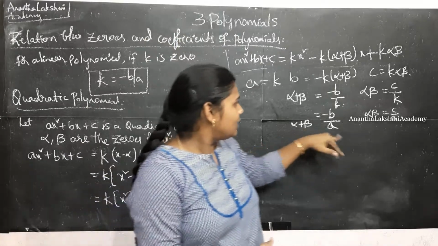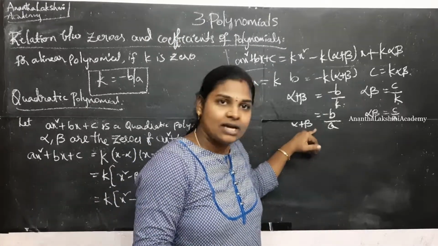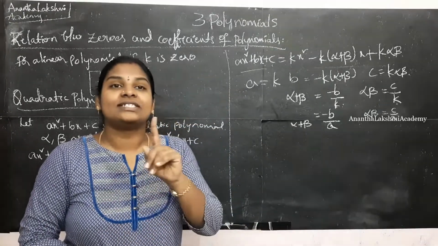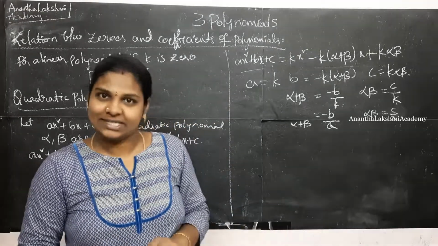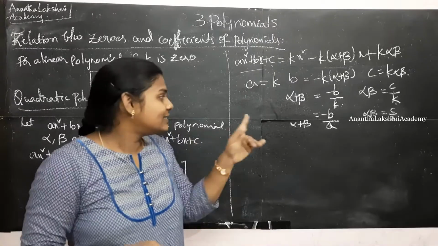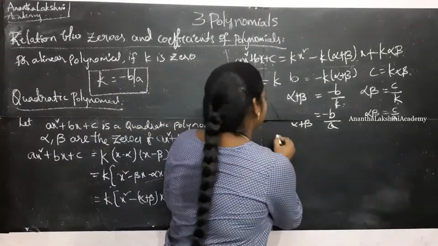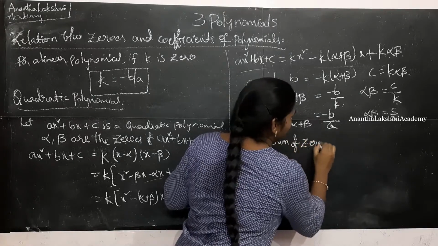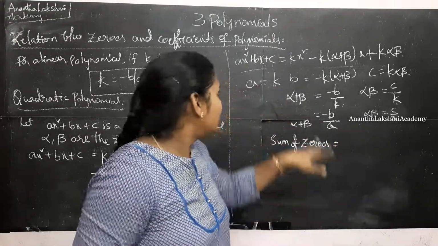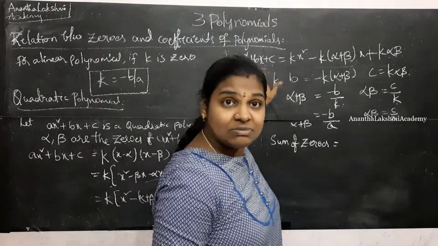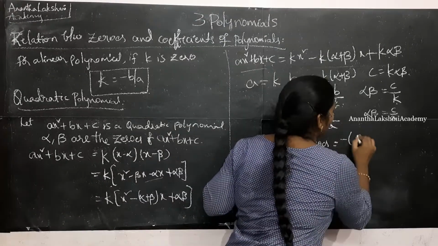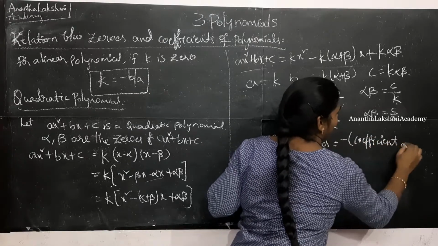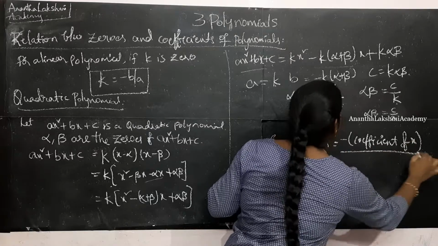Now that we got the relation, what is alpha beta? Alpha beta are zeros. What is alpha plus beta? Sum of the zeros, isn't it? What is alpha plus beta? Sum of the zeros. So sum of zeros is equal to, from the quadratic polynomial which we have assumed, what is b? Minus of coefficient of x by, what is a?